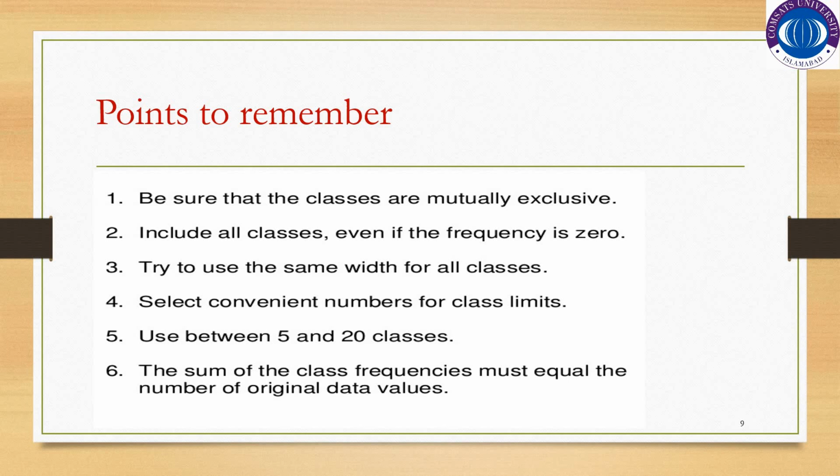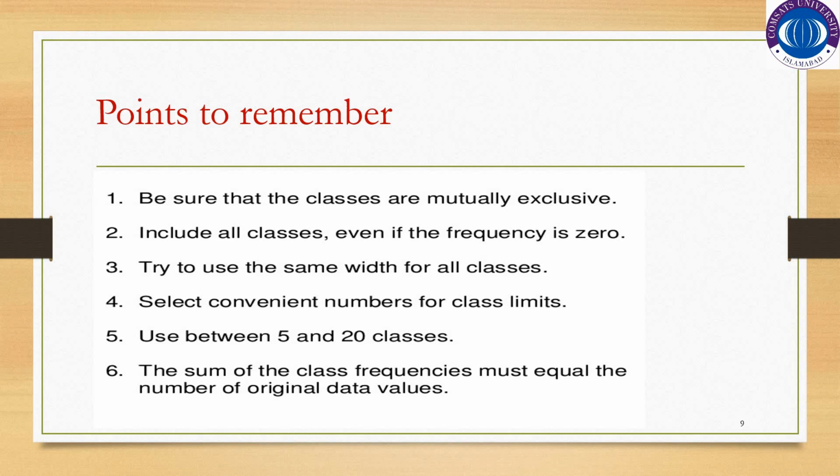The first point: be sure that classes are mutually exclusive. Mutually exclusive means they should not overlap, they should be disjoint. No observation should repeat across them. Non-overlapping, or disjoint, is what we call mutually exclusive.